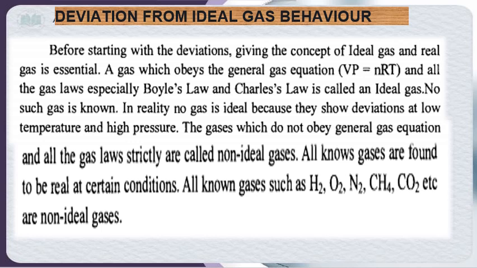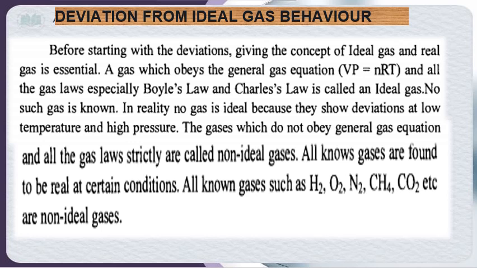As I told you earlier, an ideal gas means the gas which obeys all laws, that is Charles's law, Boyle's law, Avogadro's law, at all values of temperature and pressure. That will be considered as the ideal gas.